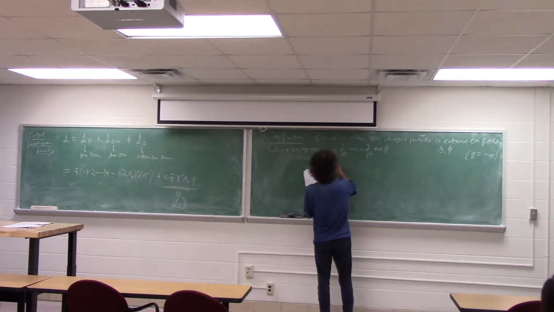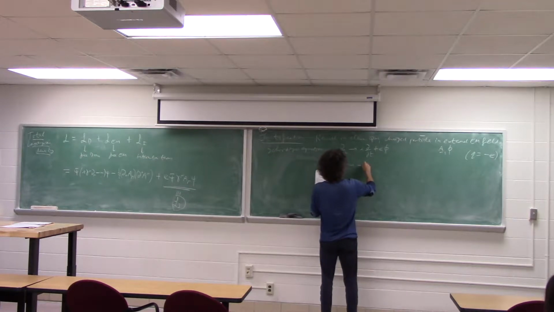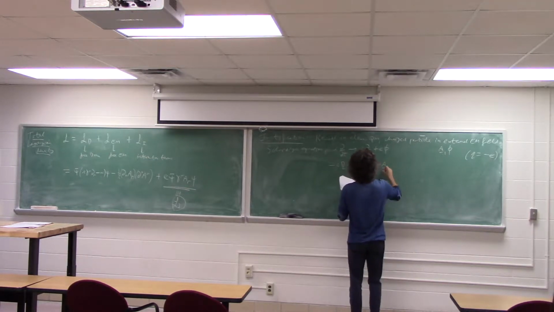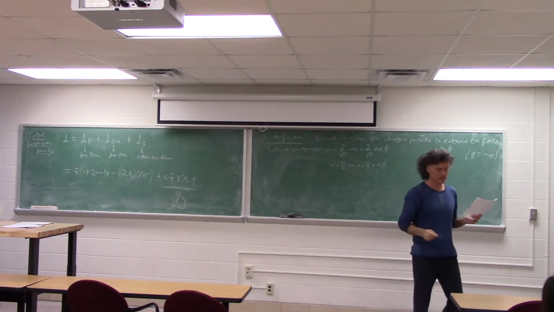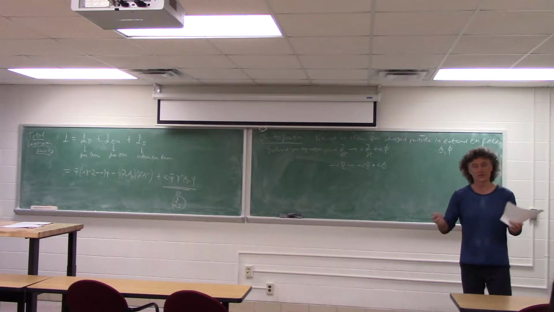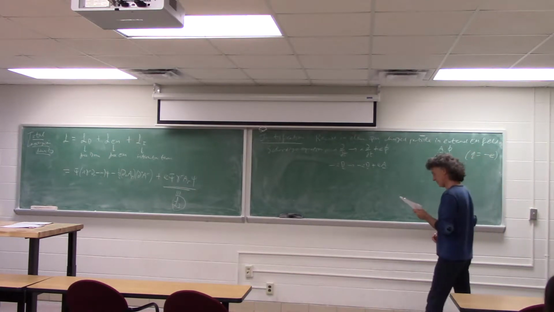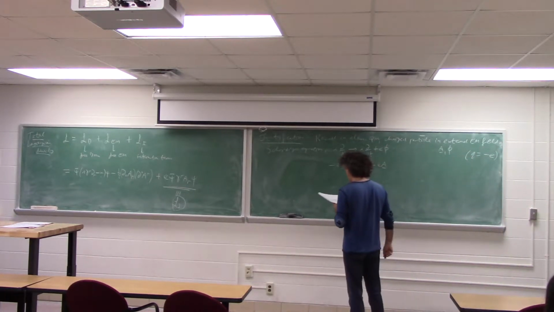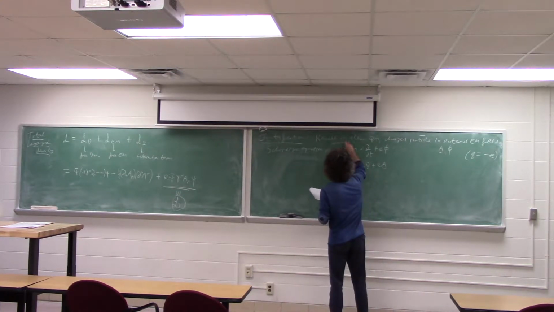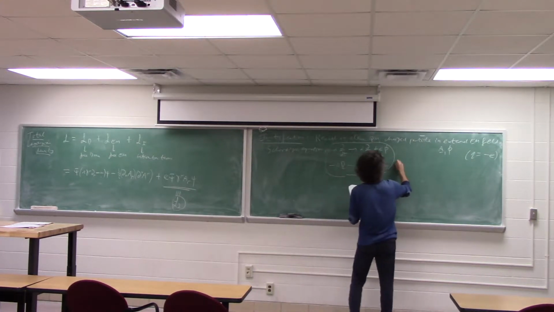So these replacements here, minus i grad is replaced by minus i grad plus eA. We make these replacements in the Schrödinger equation, and you get the Schrödinger equation for a charge in an external electromagnetic field.